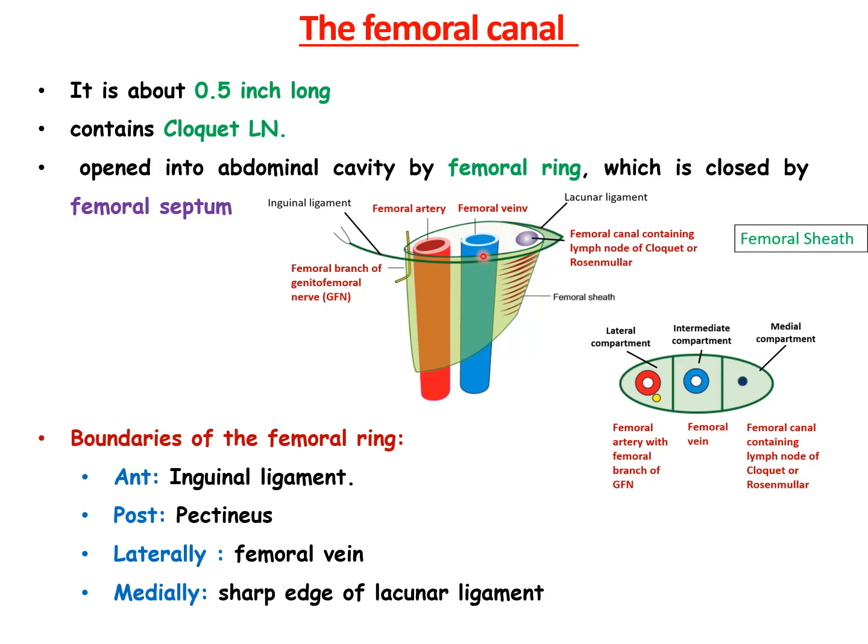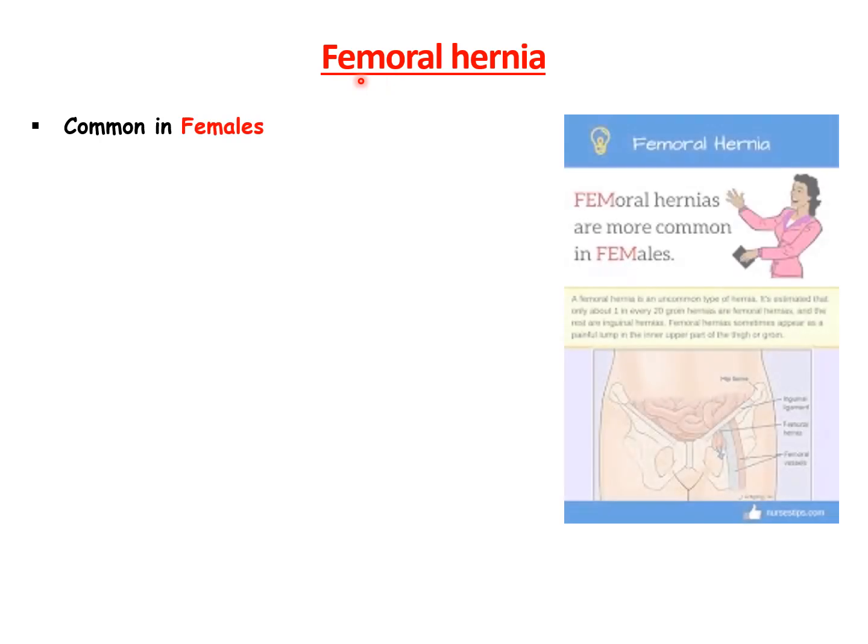So once again, the boundaries of the femoral ring: anteriorly the inguinal ligament, medially the lacunar ligament, behind the pectineus muscle, and laterally the femoral vein.